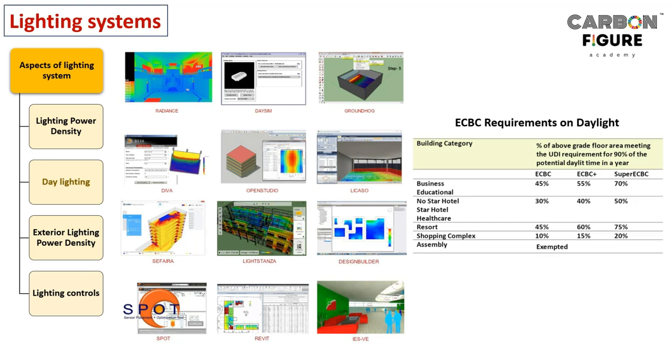We have the percentage of above-grade floor area meeting the UDI requirement for at least 90% of the potential daylight time in a year: 45 percent, 30 percent. Just by looking at it, you may not be able to understand it, but it's all about working in a typical software. You put in the data and it will show that particular percentage value.